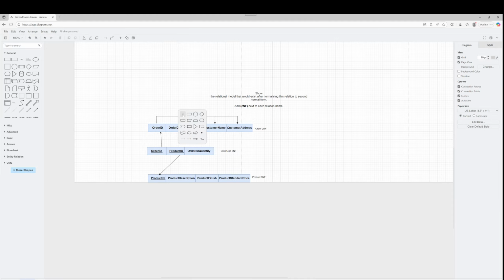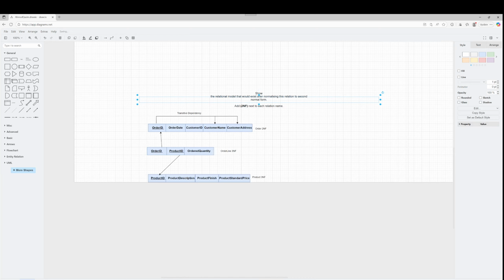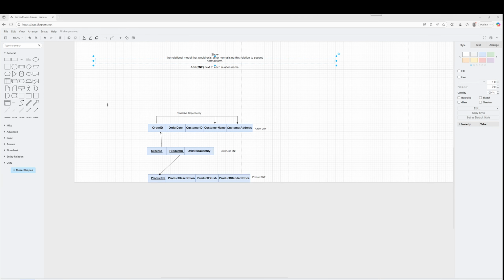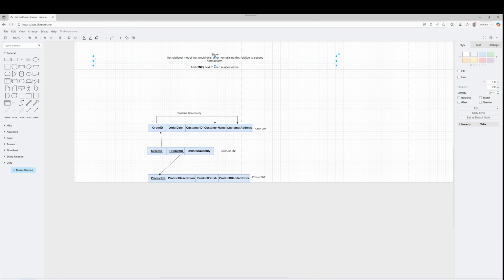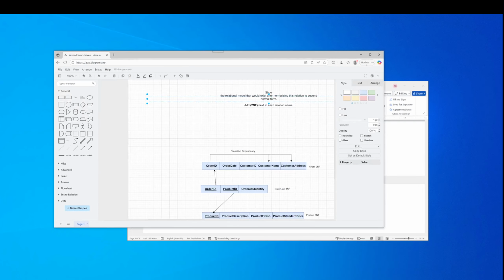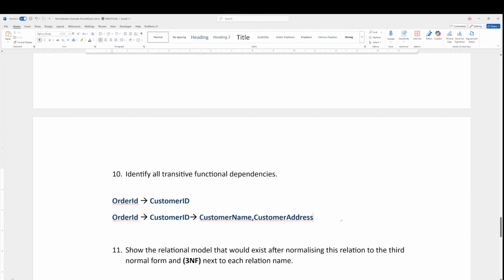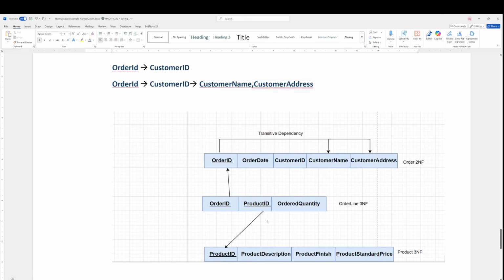So this is going to be named as, if we look into this, I'm going to copy this now. Okay, so this is the transitive dependency now.